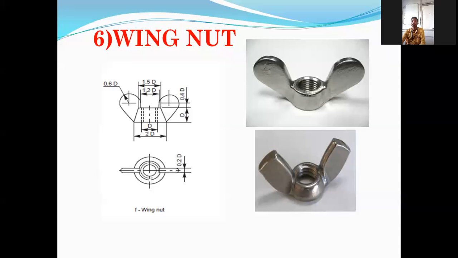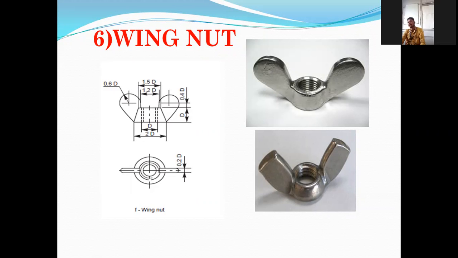What is the application of wing nut? Wing means panka in Marathi. It is having wings on its periphery. Why is it so? Whenever there is frequent adjustment, to avoid the use of spanner. Very good.